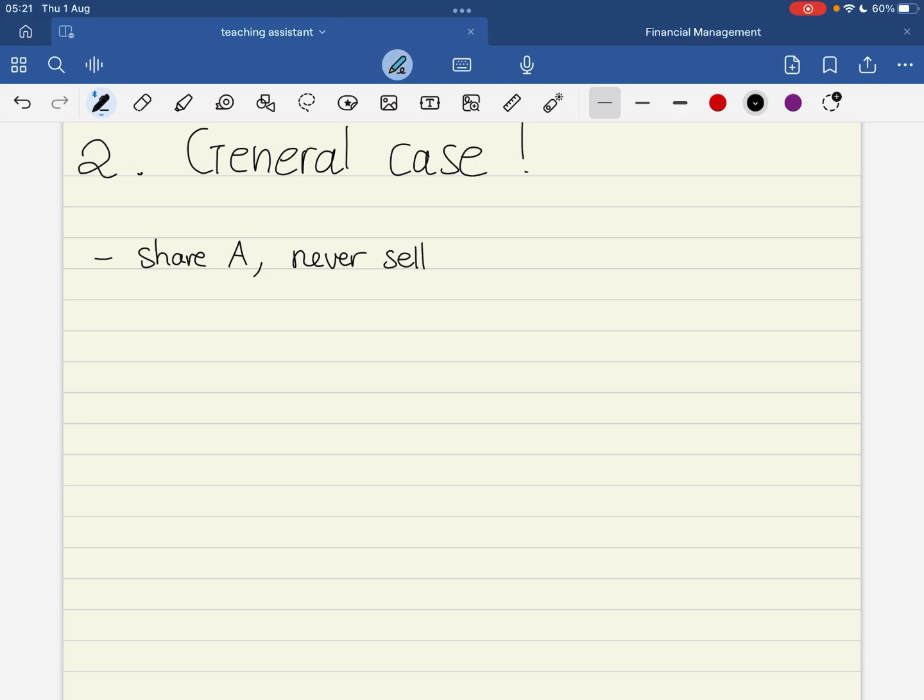So what's going to be the stock price? Let's say we are currently at time 0, the current time. After 1 year, we will earn a dividend of D1. Second year, we earn D2 dividend. Until year infinity, we earn dividends forever.